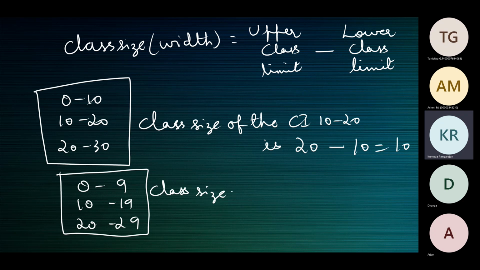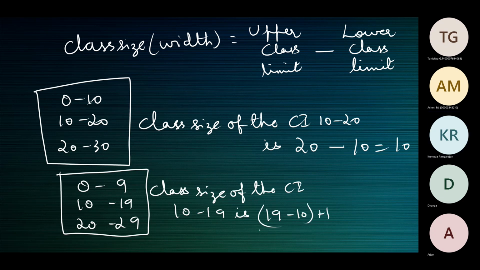The class size of the class interval 10 to 19 is 19 minus 10 plus 1, which is 9 plus 1, which is 10. So just remember, class size is the upper class limit minus the lower class limit.